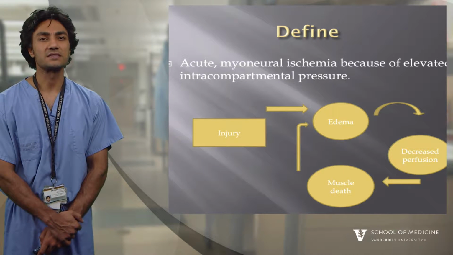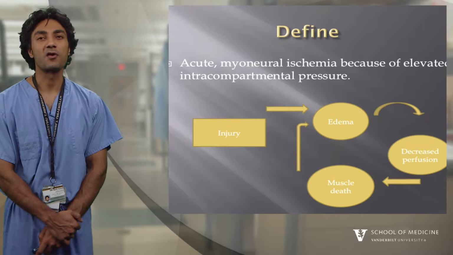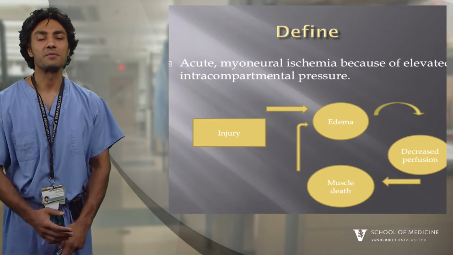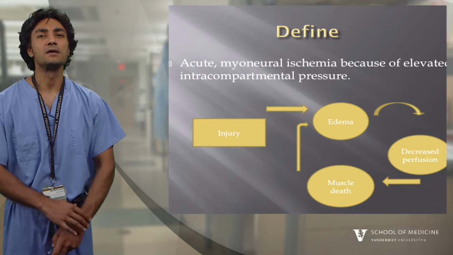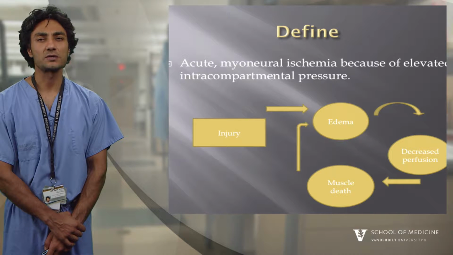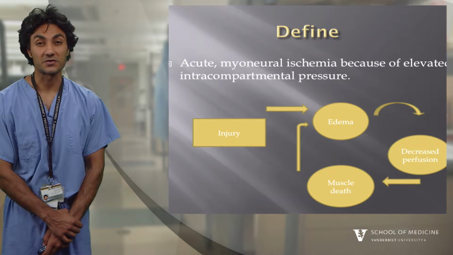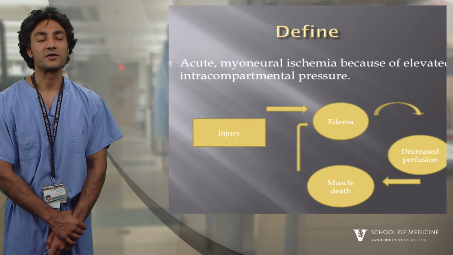A compartment is any area in the musculoskeletal system that's bound by fascia. There's only so much capability of that fascia to expand. So when the perfusion pressure starts to drop because the pressure inside the room, i.e. inside the compartment, is so high, you have myoneural ischemia.